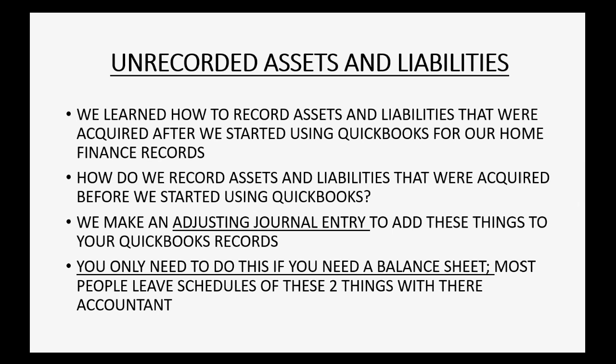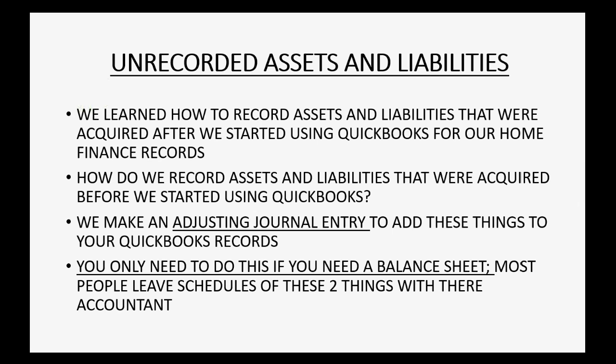Most people leave the schedules of their assets for depreciation and their long-term liabilities with their accountant and only update those schedules once a year, and you could keep them separate from your QuickBooks Home Finance records.